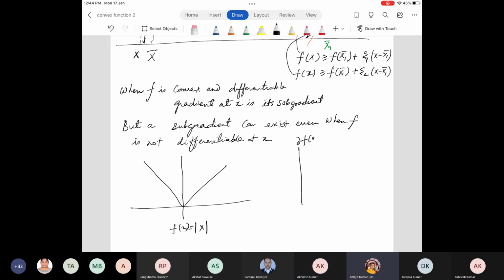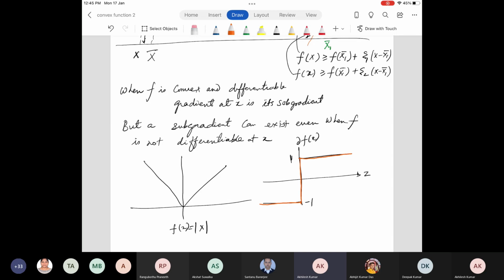At 0. So if I try to draw the subgradient, it looks like this.